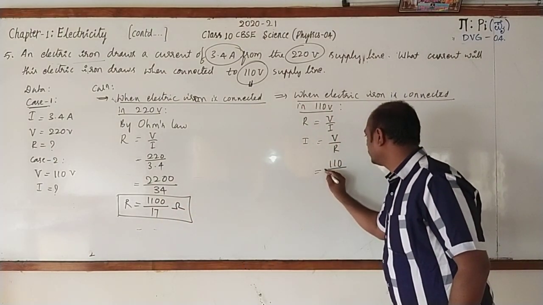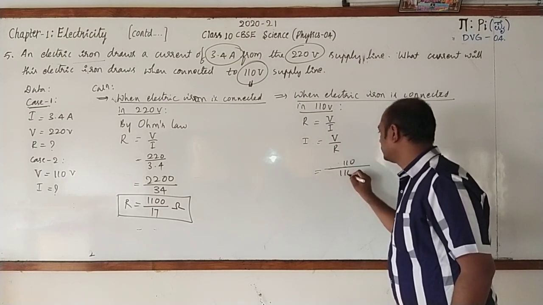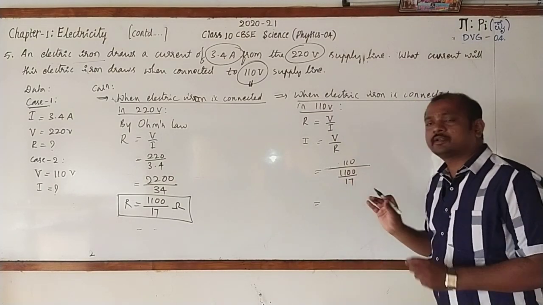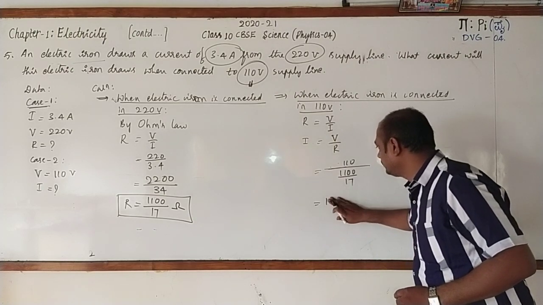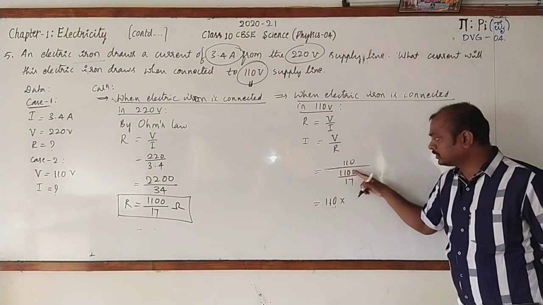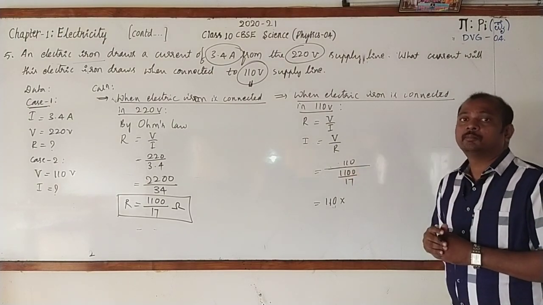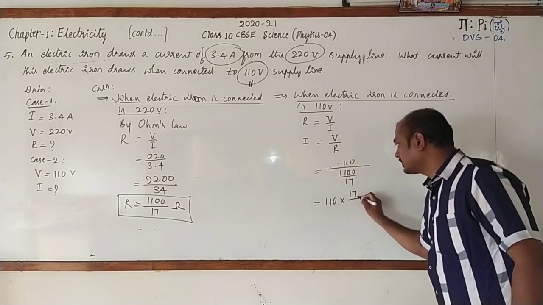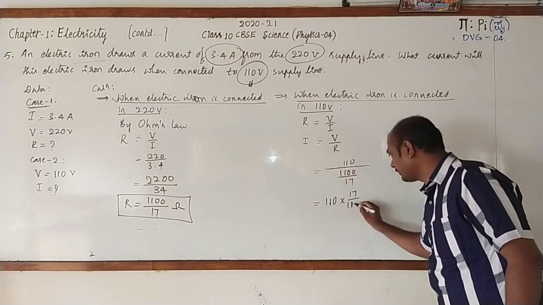Alright, it is equal to volt divided by 1100 divided by 17. To make this calculation simple, I will write 110 in the numerator as it is. Then the denominator is 1100 by 17. Convert this into multiplication, so you have to take the reciprocal, 17 by 1100.